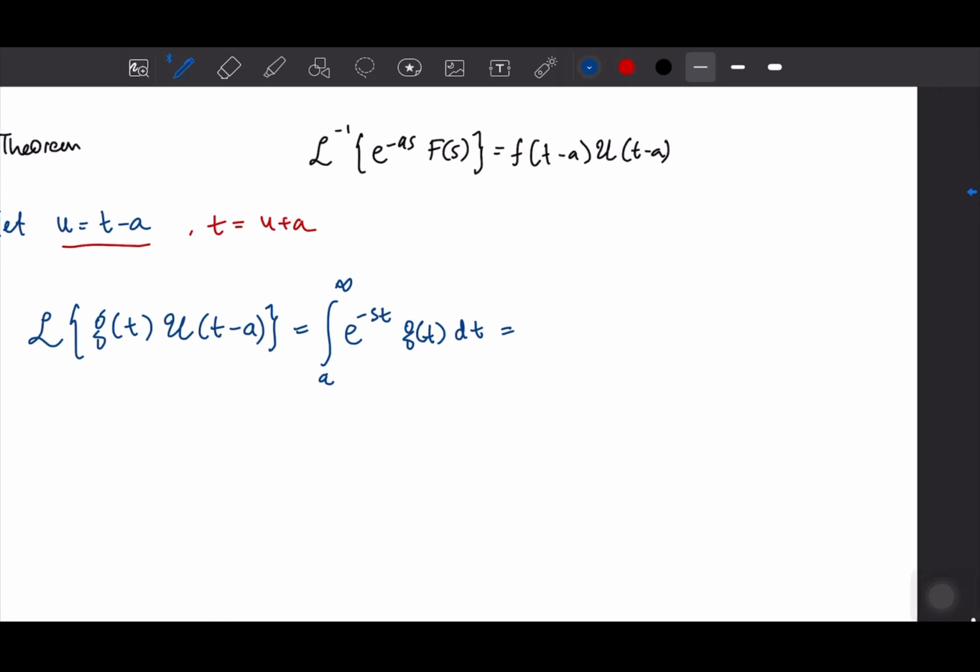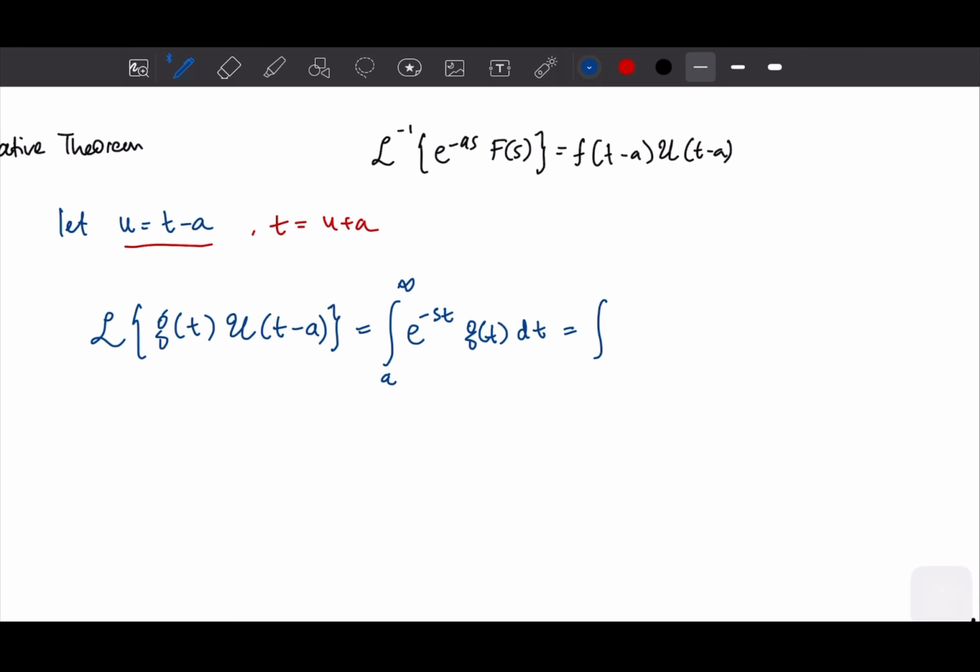Then the integral from 0 to infinity of e to the negative s times u plus a, g of u plus a, du.